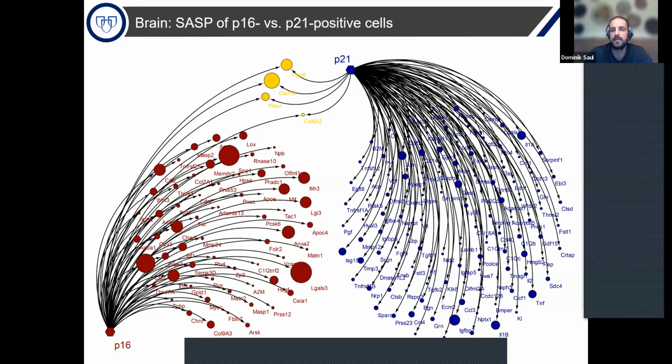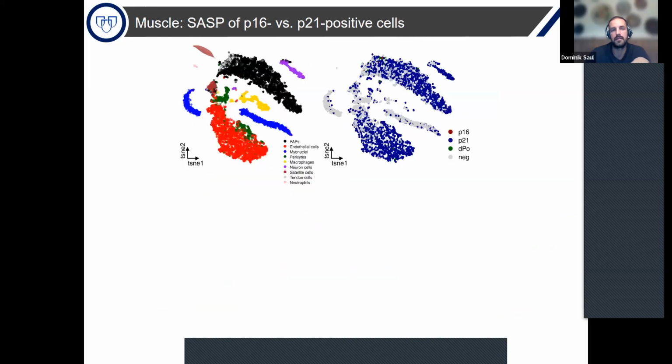The pattern is still very similar, but now we got a lot more secreted factors for the p21 positive cells, a lot more from p16, but still more in the p21 population. And there is a very tiny overlap between these two populations, with the blue genes over there. So this is the example I had from brain, and I won't take that much time for the other tissues.